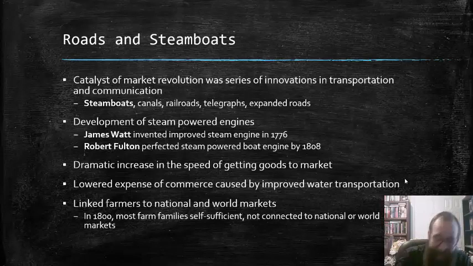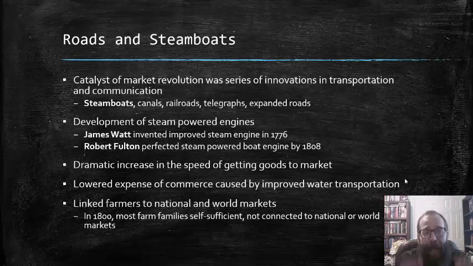Steamboats could not only decrease the amount of time it took to travel across the oceans, they also for the first time allowed for efficient travel up rivers against the currents, which greatly expanded the scope of transportation and dramatically increased the speed of getting goods to market.